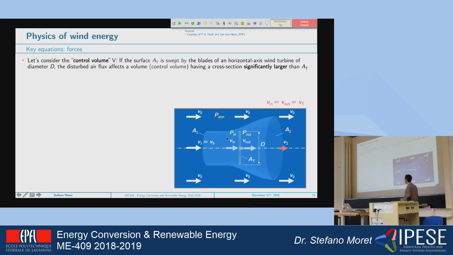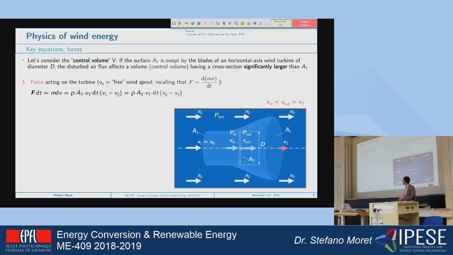And then we'll have an in and out which is just before and after the turbine. So here there are some equations that I'll derive in order to show you a nice elegant demonstration, which is the maximum amount of power that we can extract out of a wind turbine. So first of all, you know that the force is the derivative of momentum, right?